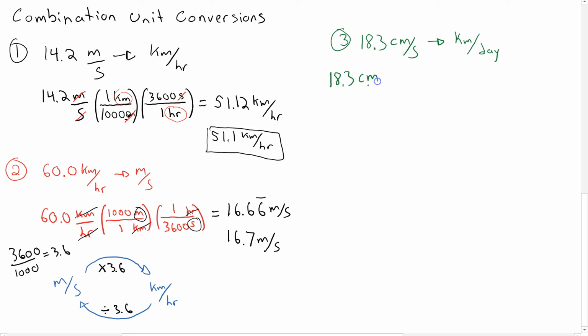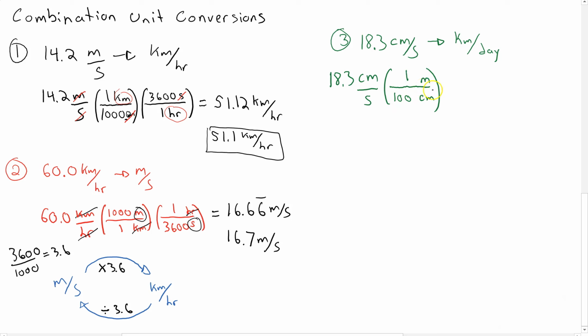18.3 centimeters per second. And I want to multiply this by fancy ones to convert all of my units into kilometers per day. Well, how many centimeters in a kilometer? I actually don't know that offhand. So I'm going to go centimeters to meters, because I know there's 100 centimeters in 1 meter.